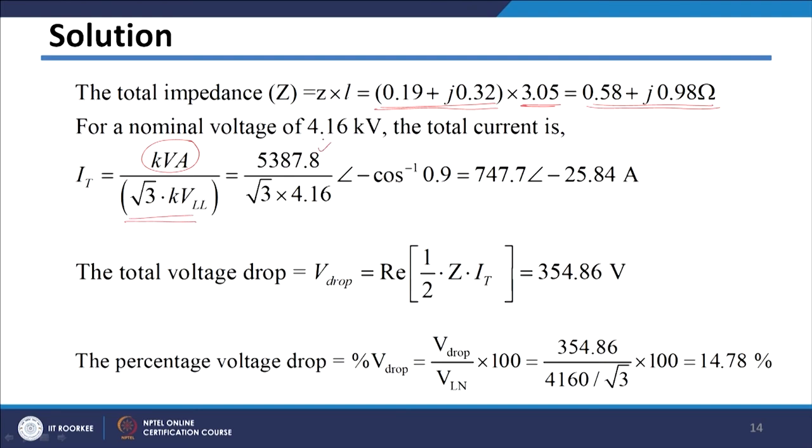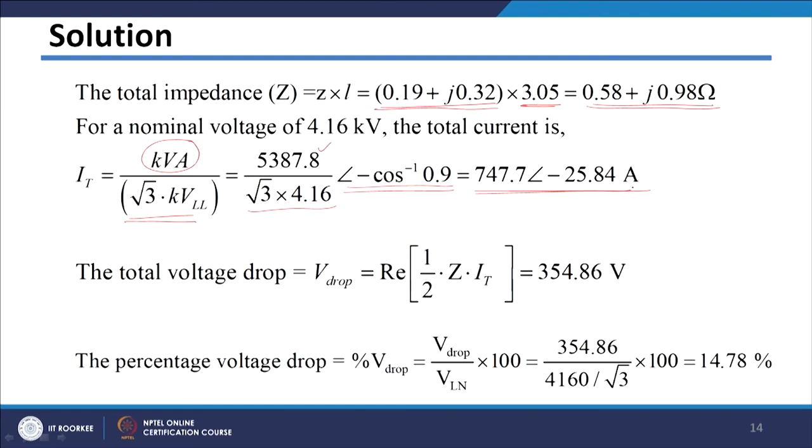So, total kVA we have calculated in last slide, divided by root 3 into 4.16, which is voltage in kV, and power factor of this current will be cos inverse of 0.9, which is average power factor which we have assumed. So, it comes out to be 747.7 and its phase angle is minus 25.84 amperes. So, this is total current in amperes.